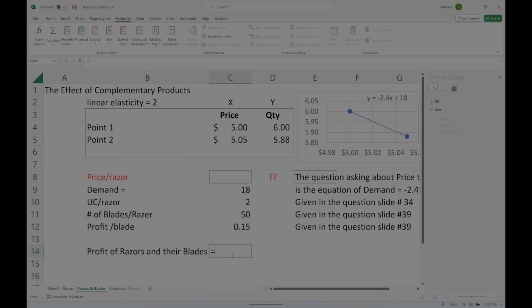Okay, so now we're going to add here the demand times the price of the razor minus the unit cost of the razor, and this is the first part of the profits here, which is exactly the same formula as the one that we've done here.